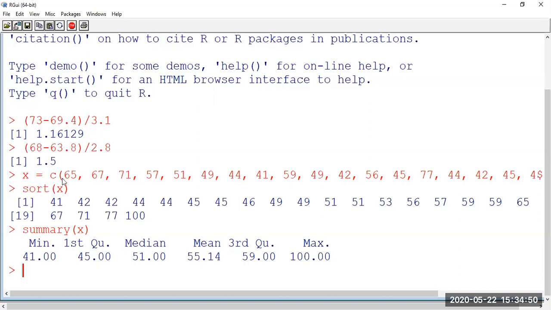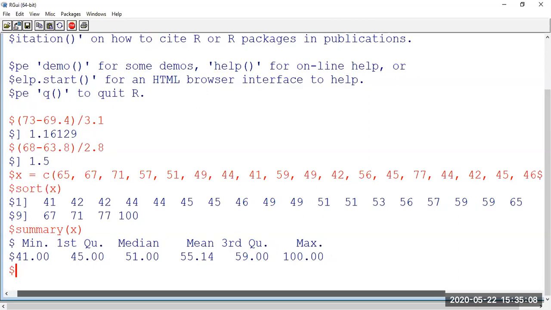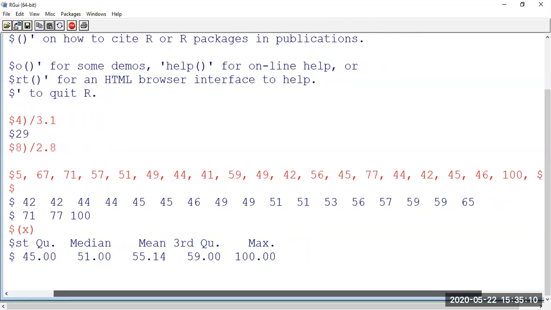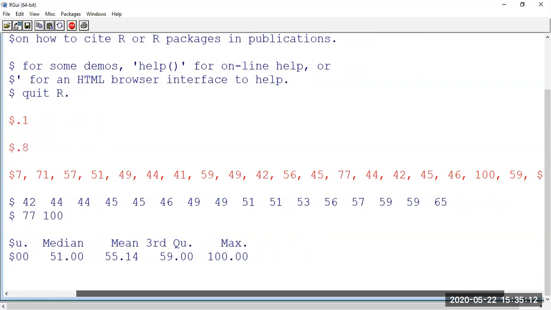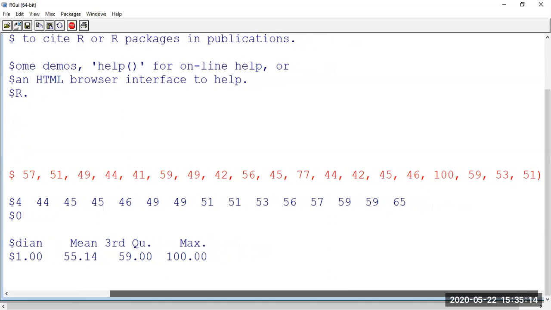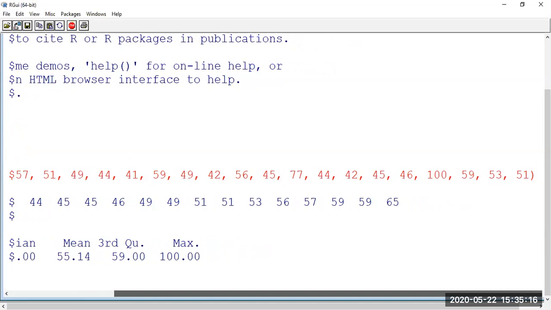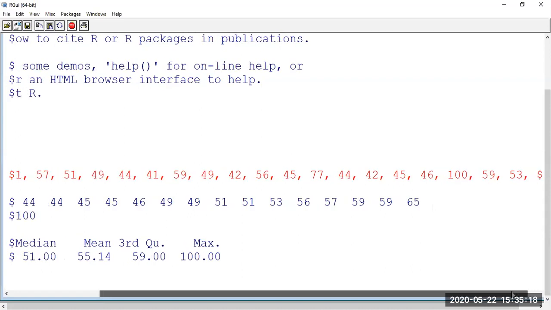So we have x equals, the first number of absences is 65, 67, 71. So you have a long line here of values. If you want to see the rest of the line, because you see here a dollar symbol, meaning that there is more on the right, I can continue scrolling to the right, and you can see the whole data set up to 51, which is the last value.